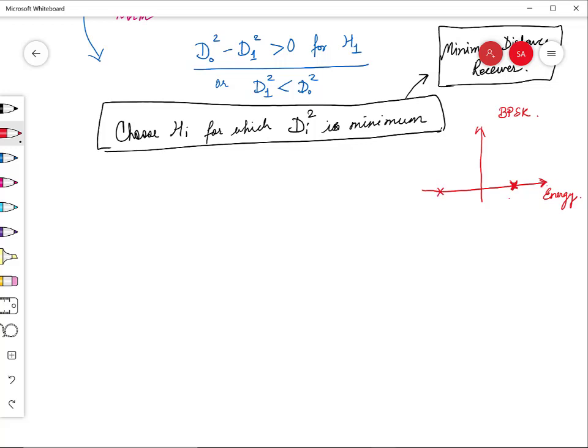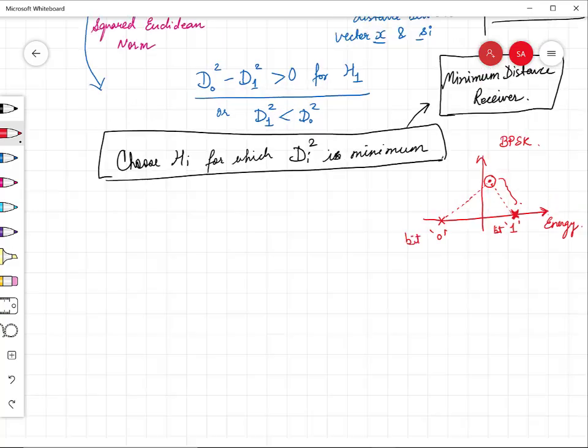Sorry, so here this is bit 1, this is bit 0, and obviously if I receive some point here, I compute the distance of this received vector from these 2 points and choose the one which has the minimum distance. This is what we have been doing in our communication systems, and it is exactly the same thing here also.